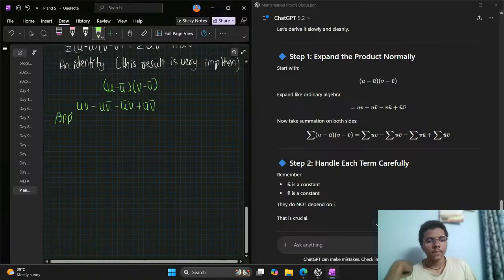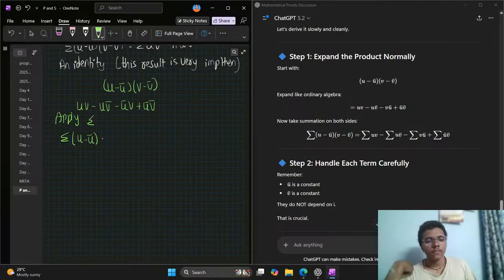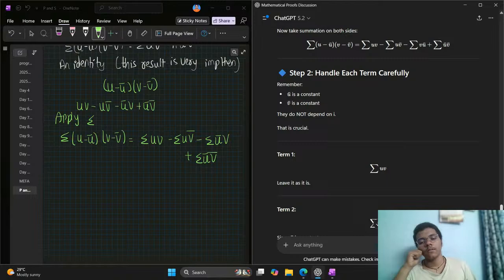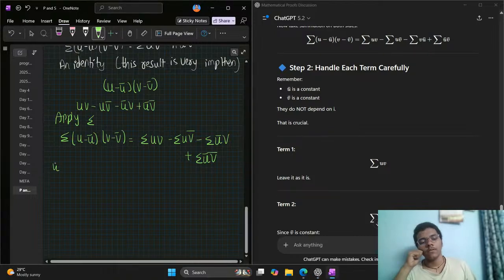Apply sigma. u bar and v bar are constants.